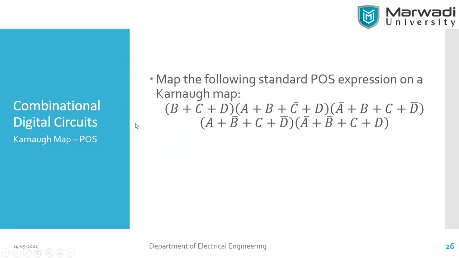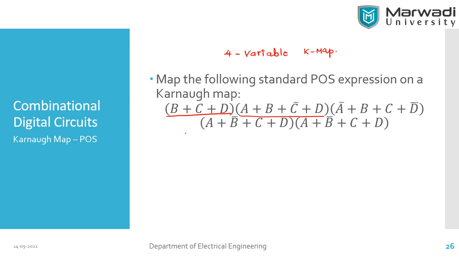No. Okay. Now, next problem is B plus C plus D, A plus B plus C bar plus D, and so on. So it's basically a 4 variable Karnaugh map. Fine.